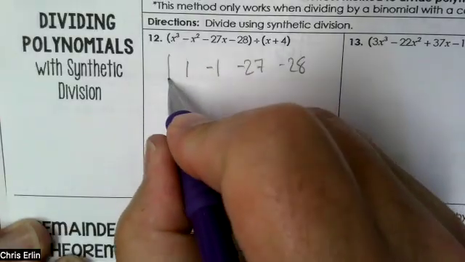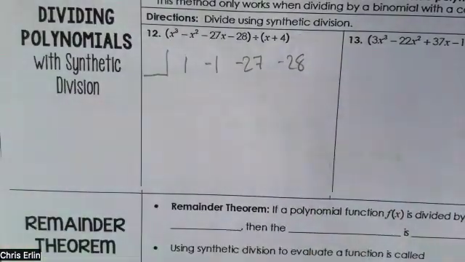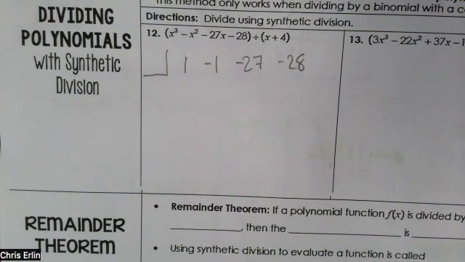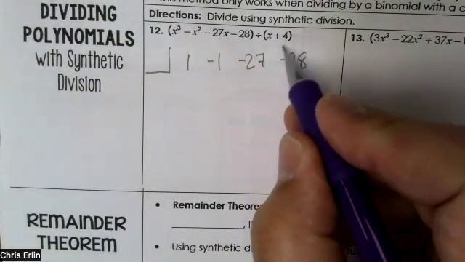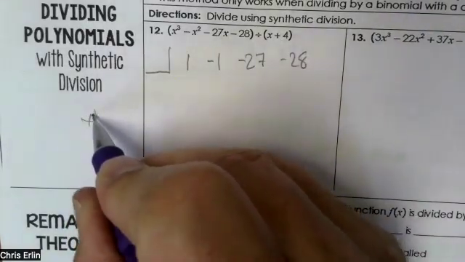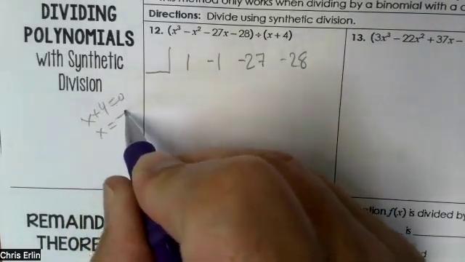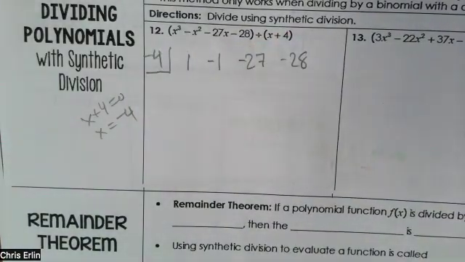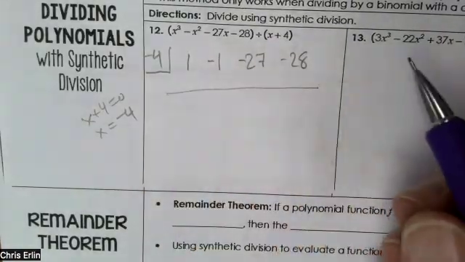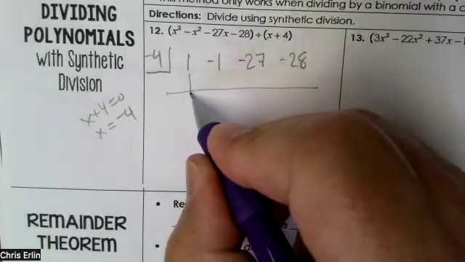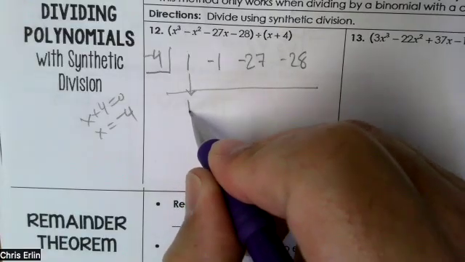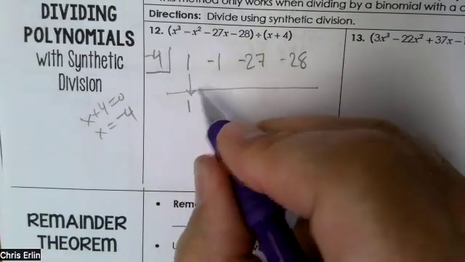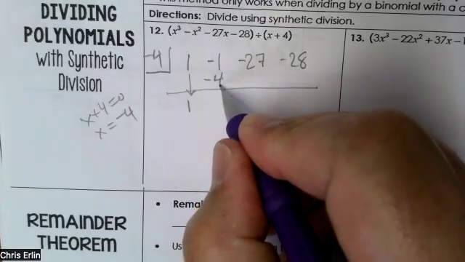Then what I'm going to do is I'm going to put this little corner over here. And what do I put in there? Almost. I'm going to put in what makes this equal to 0. I'm going to say x plus 4 equals 0, so x equals -4. And then the process for synthetic division is bring this down, 1, multiply, and put the answer here, -4.